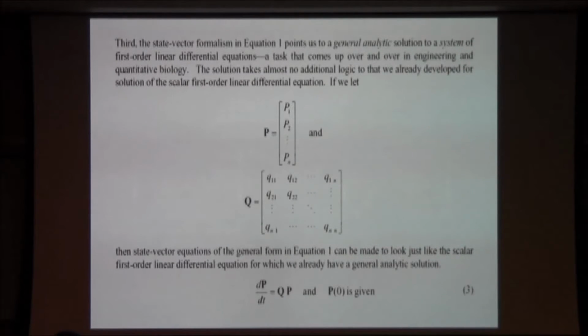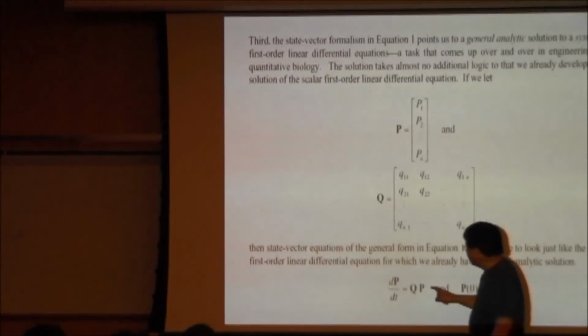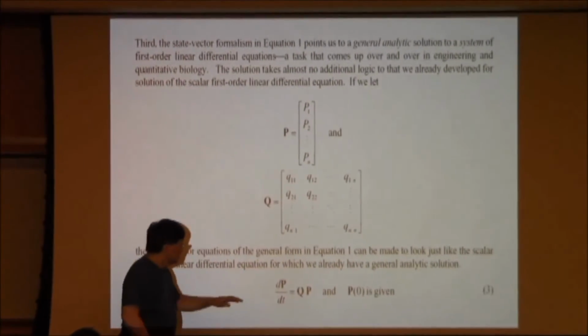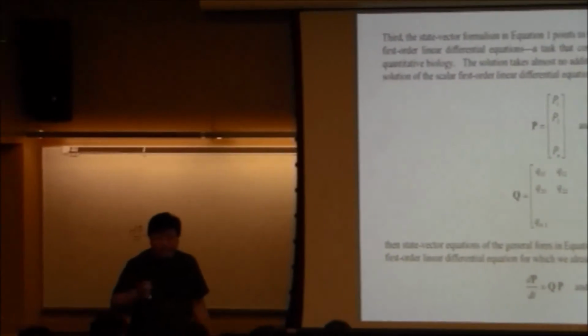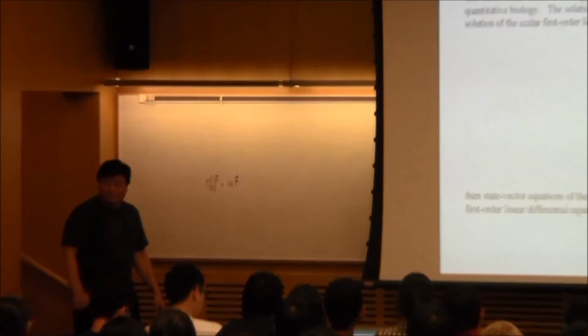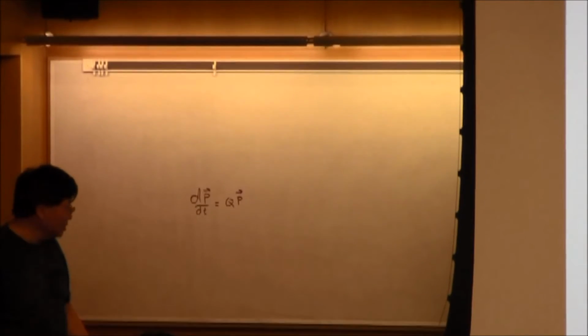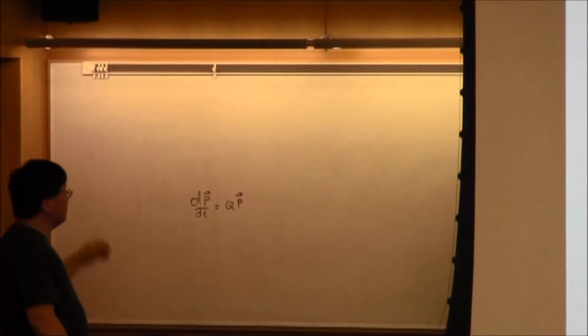So, let me turn the light on. This system looks pretty nice and simple. In fact, I told you that you should completely know this for a scalar function, right? It's one thing that you should know completely.